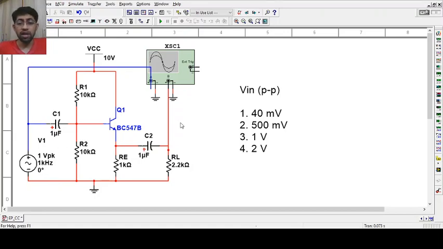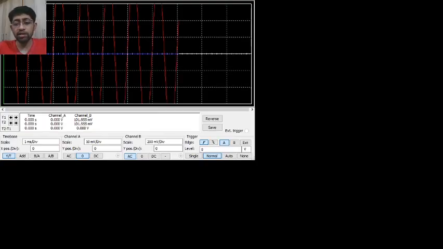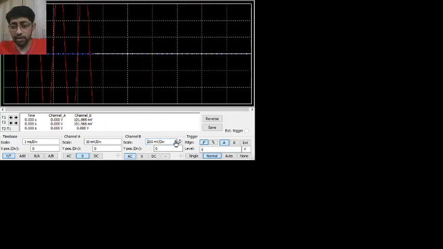So let us run it and observe the output of the oscilloscope. Let us move to this oscilloscope and get the output voltage. Here you can see that this is the oscilloscope, and let me set the proper voltages and pause it.